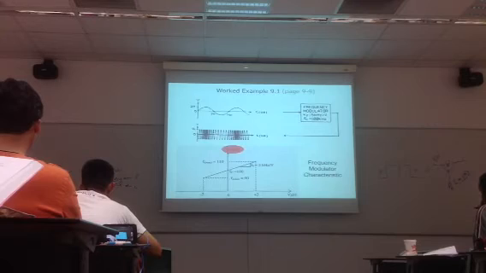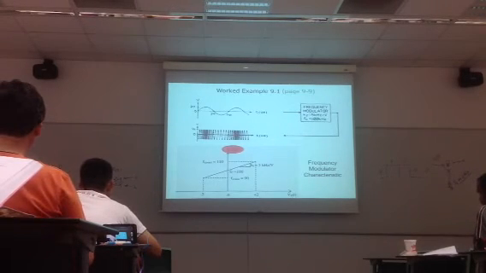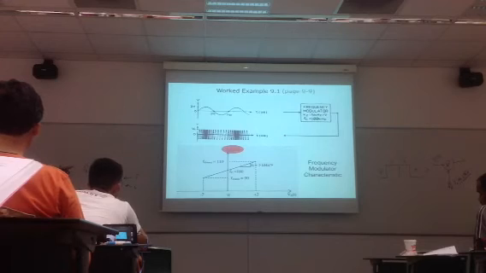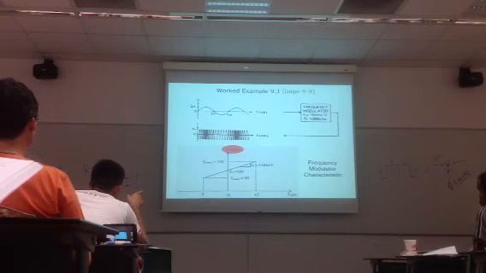What's the formula? How to get the 110 and 90? FC, 5 kilohertz per volt. So you plus 2 volts, so 10. Let's plug it in.